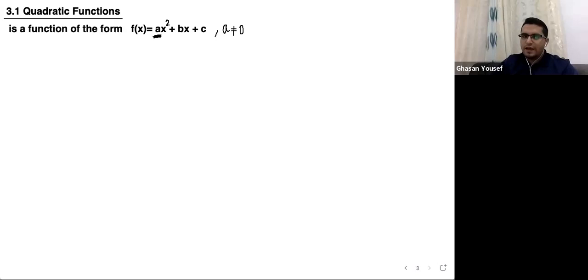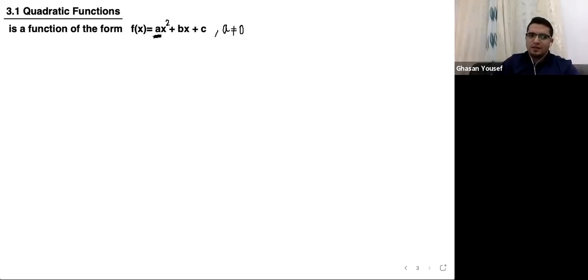Or I can define the quadratic function as a polynomial function of degree 2. And in the previous sections, I defined what a polynomial function means.